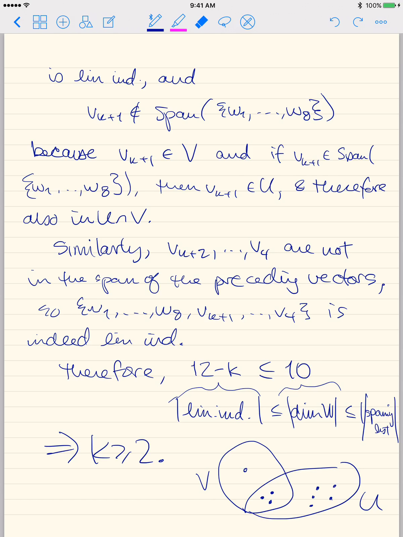Within each piece you ensure that the vectors are linearly independent, and then they're reaching out into separate parts of the vector space that don't intersect, which means in the end you're not going to get any linear dependence relations.